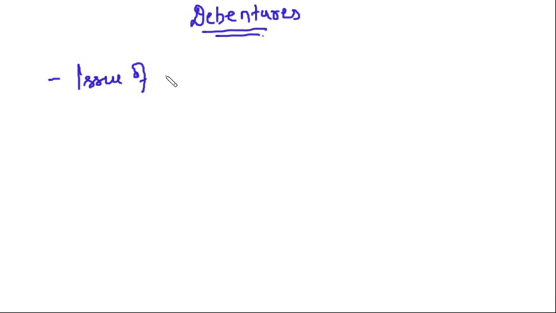Hello friends, we are going to continue with debentures, right? In the last lecture, we started the topic of issue of debentures as collateral security.